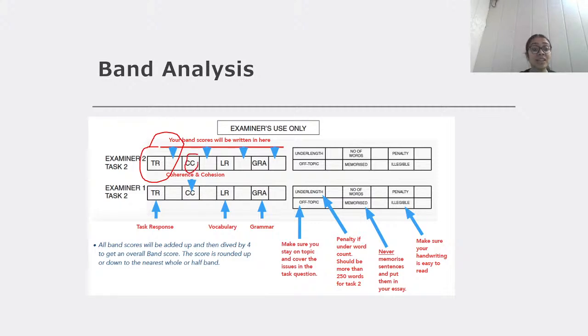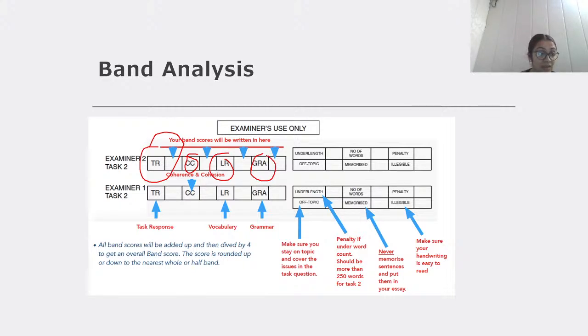CC means coherence and cohesion. LR means lexical resources. GRA means grammatical accuracy.